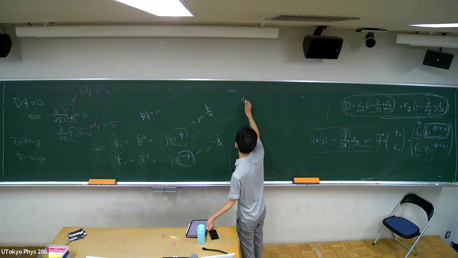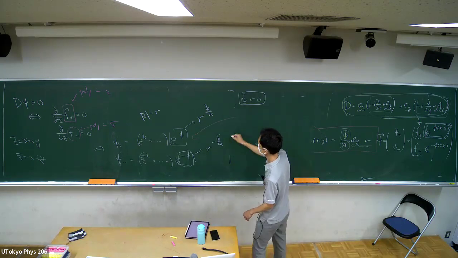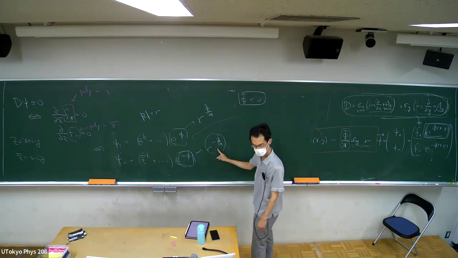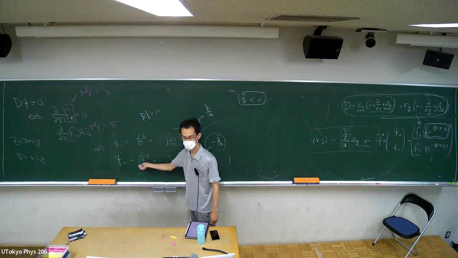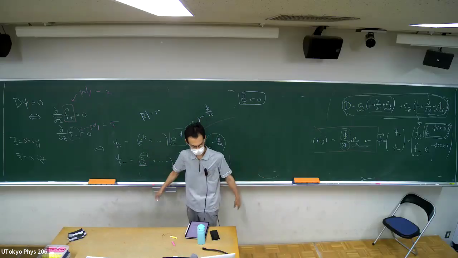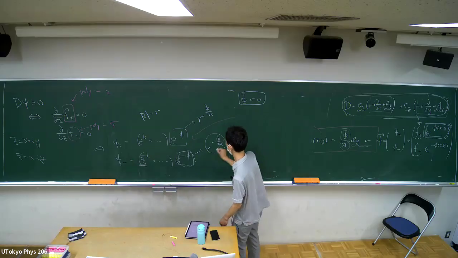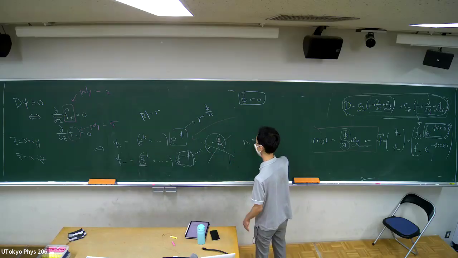So say phi is negative, for simplicity, then this diverges, and multiplying that with a positive power of r doesn't help. I mean, the wave function has to be square integrable. So this doesn't have a normalizable solution. So the n minus is 0.